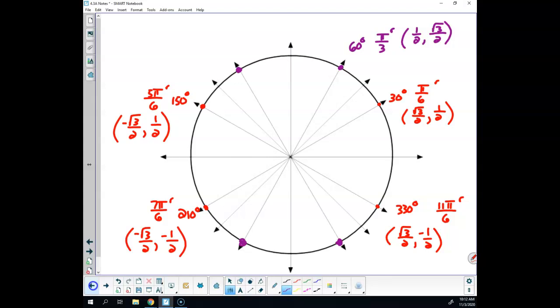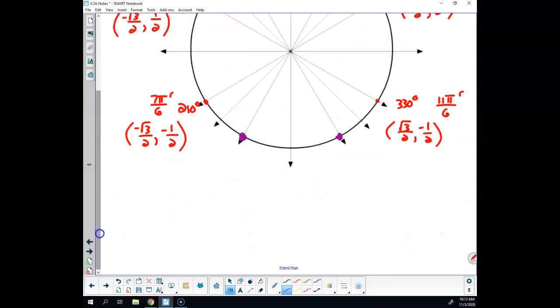Add 60 more degrees to this one. Gives me 120 degrees, or 2 pi over 3 radians. Negative 1/2, square root of 3 over 2. Add 60 more degrees and I'm at pi.